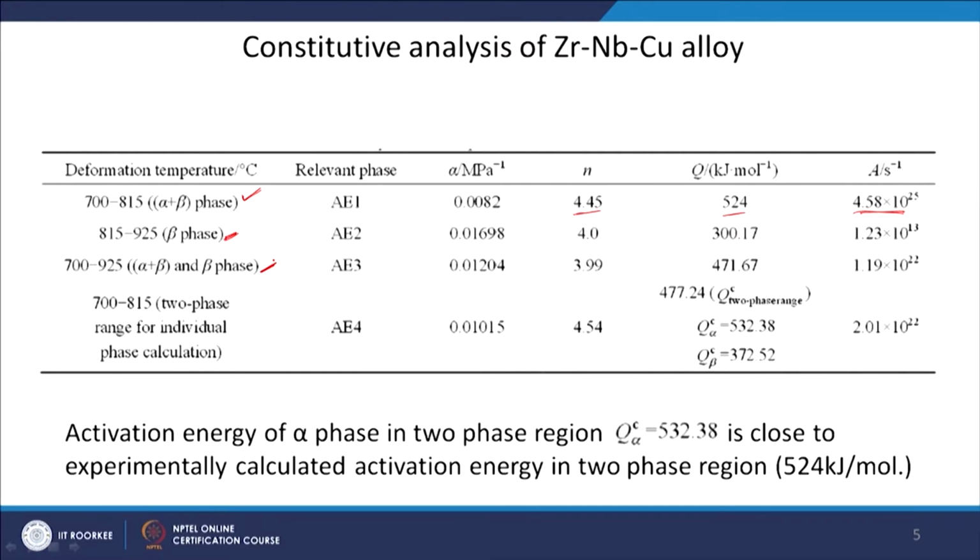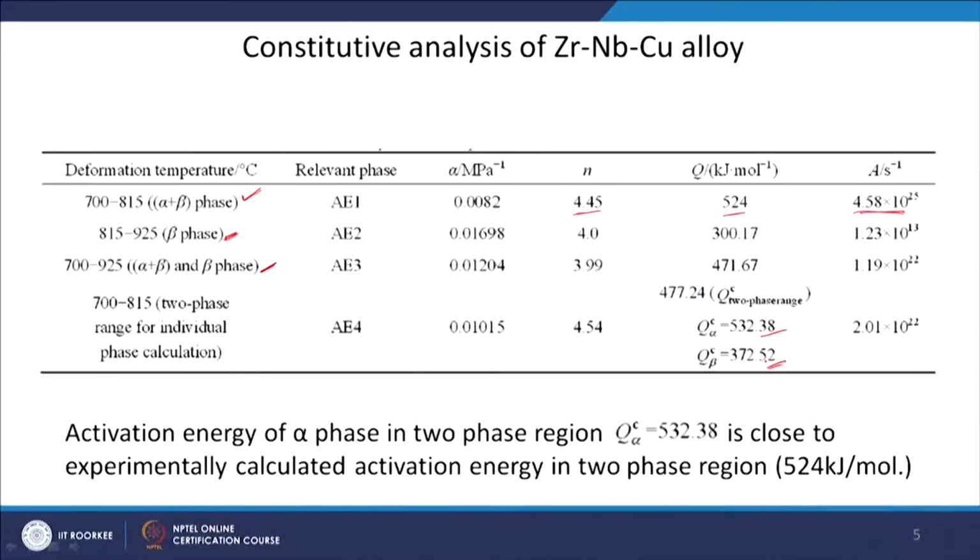And the third calculation which we did, we also wanted to know when you are in the two phase region, which phase is dominating the deformation behavior. Whether the alpha phase is the one which is deciding how the flow stresses will be, or what will be the response of the material.